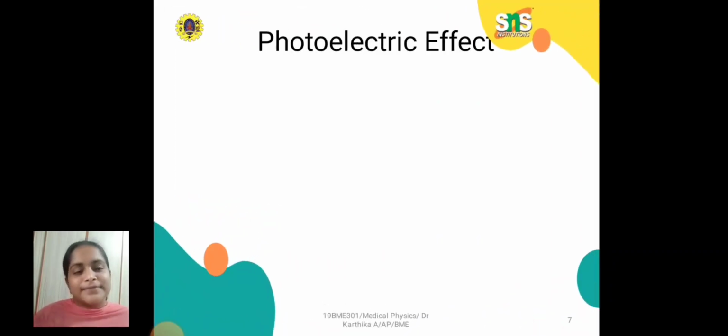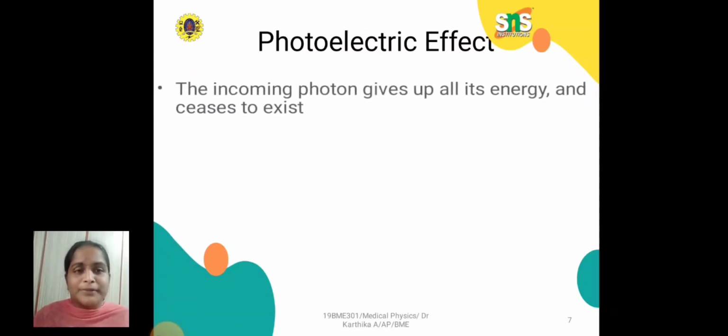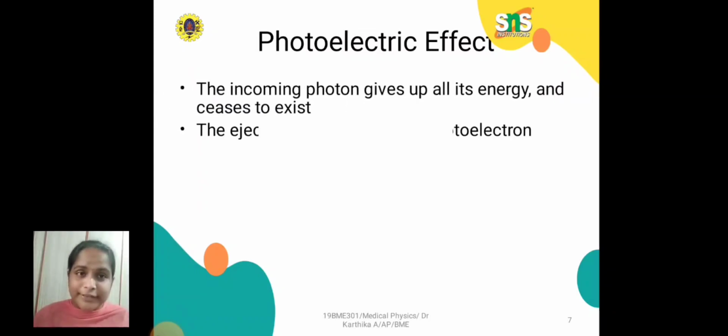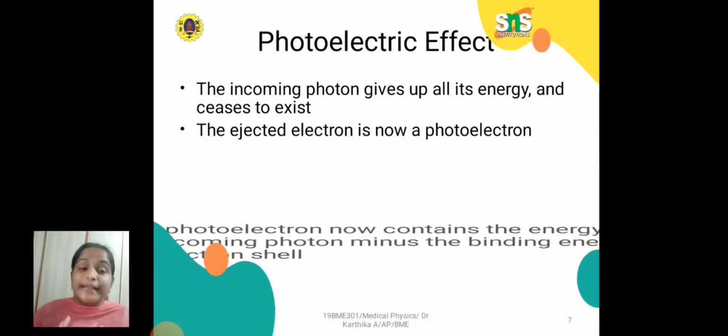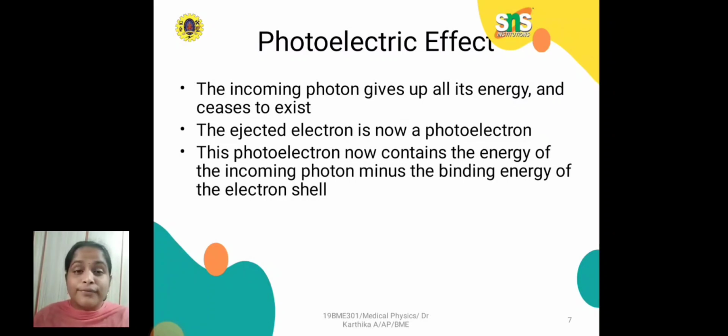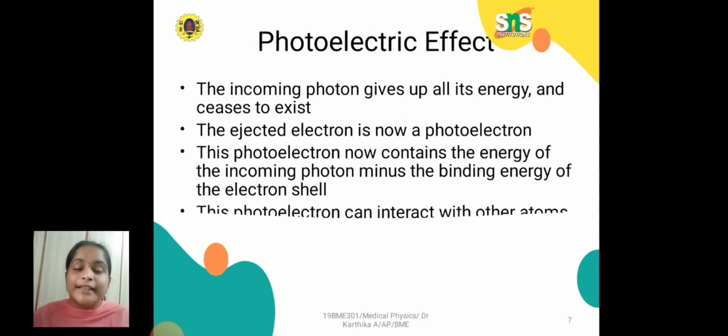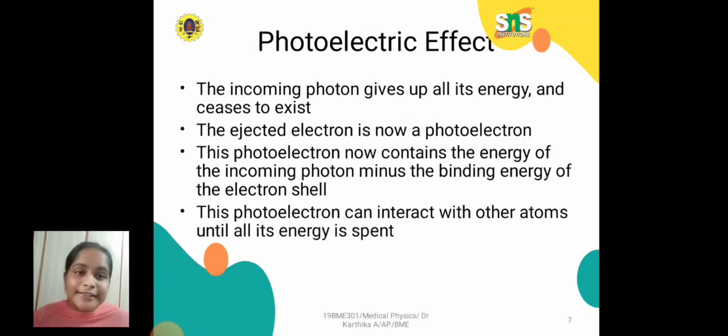In the photoelectric effect, the incoming photon gives up all its energy and ceases to exist. The ejected electron is now called a photoelectron. This photoelectron contains the energy of the incoming photon minus the binding energy of the particular electron shell. Thus, the photoelectron can interact with other atoms until all its energy is spent.